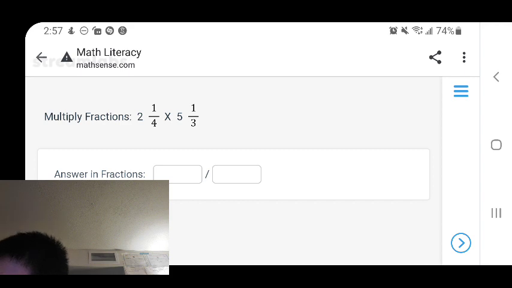I quit, 144. 9 times 6, 54, I'm pretty sure. Why am I doubting myself? No, it's 54. 144 over 12, oh that's 12. Interesting. You want it in fractions? What? It really comes out to 12. How do you want me to answer in fractions? 12 over 1?